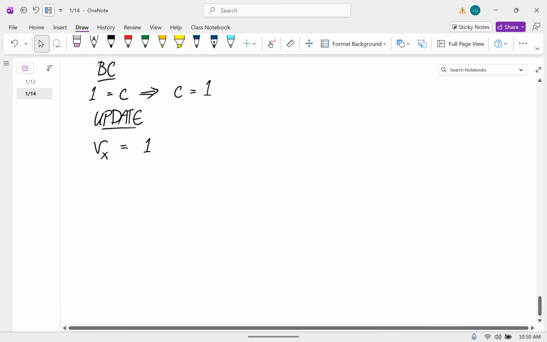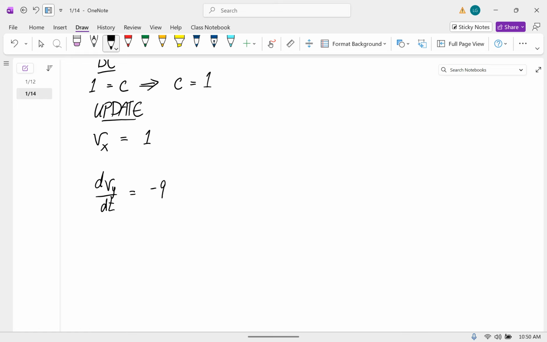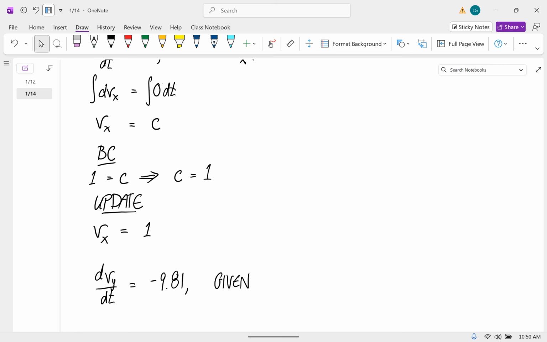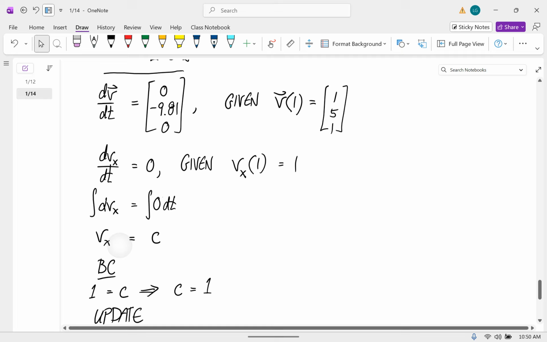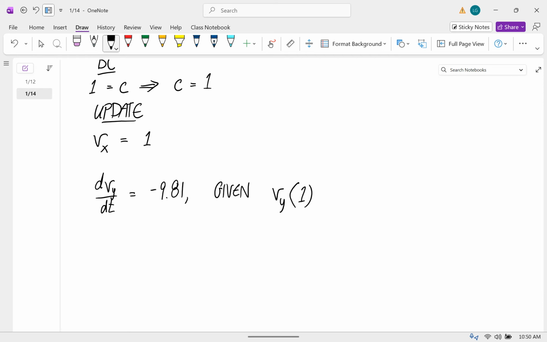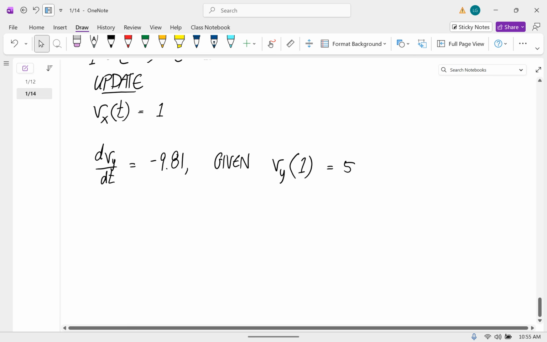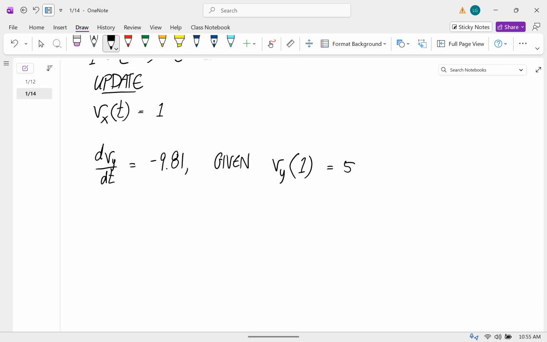So now we're going to do dvy/dt is equal to -9.81, given that when time is equal to 1, vy is equal to 5.